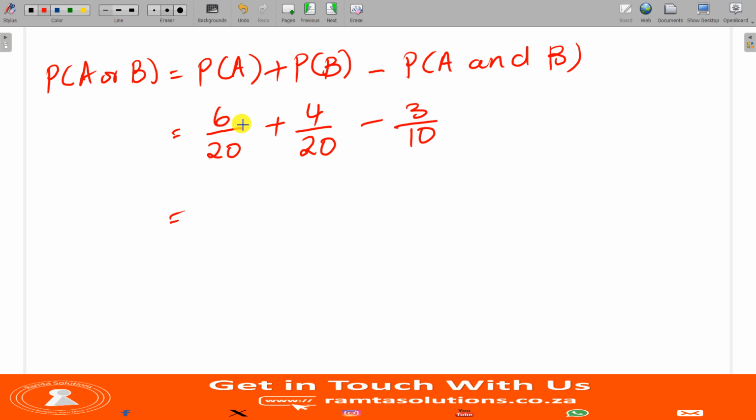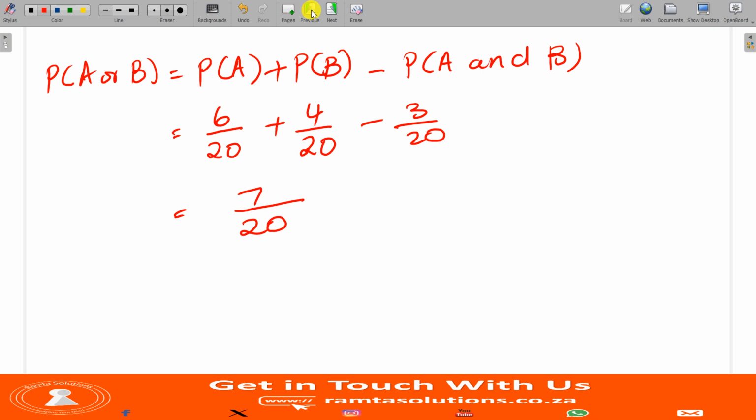You guys have calculators, but because I don't have one, this is why I use this. 6 plus 4 is 10, minus 3 is 7. Let me check. This is not over 10, it's over 20. So our answer is 7/20.